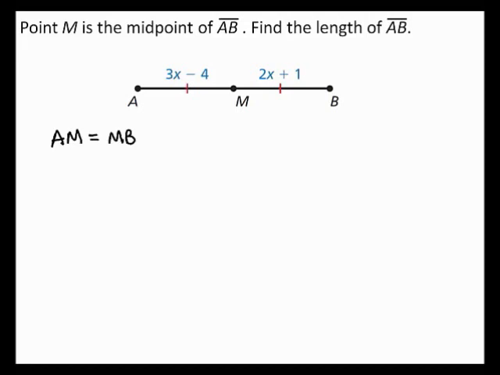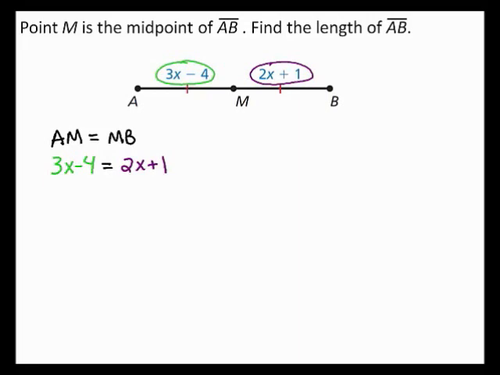So, the length of segment AM is equal to the length of segment MB. The length of segment AM is equal to 3x minus 4, and the length of segment MB is equal to 2x plus 1. So, you can substitute 3x minus 4 in for the length of segment AM, and 2x plus 1 in for the length of segment MB.